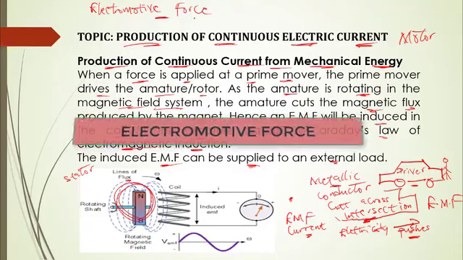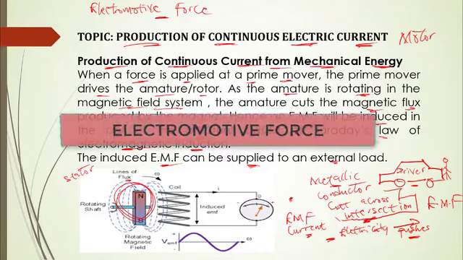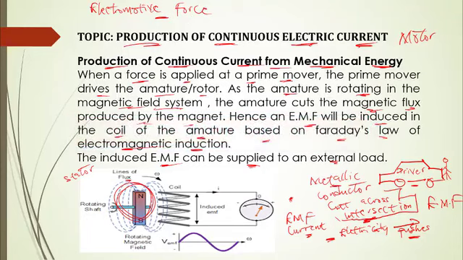It is the work done in moving a positive charge, a unit positive charge, from infinity to any point in a conductor. Now notice that at the end of this device there is something that looks like a meter. This meter is called a galvanometer, and this galvanometer is used to detect the presence of very small quantities of electric current.